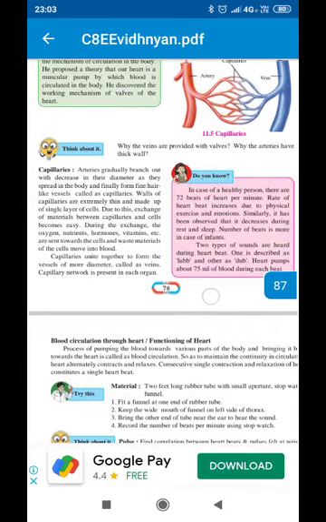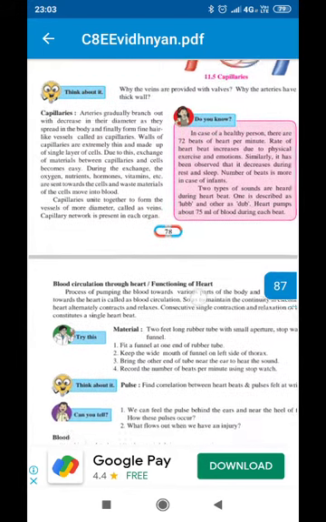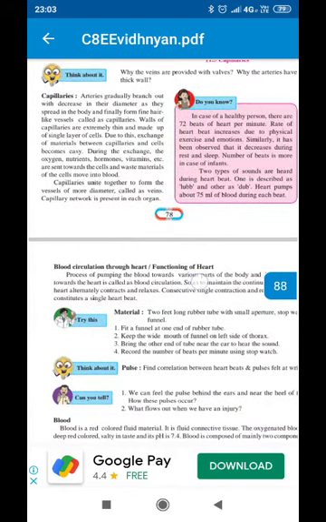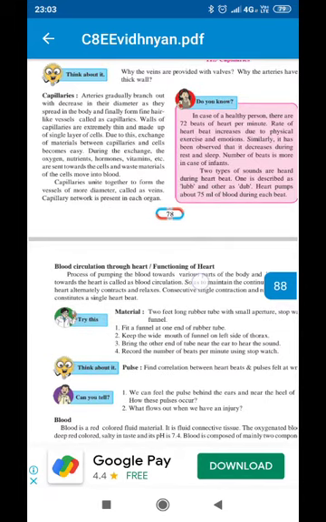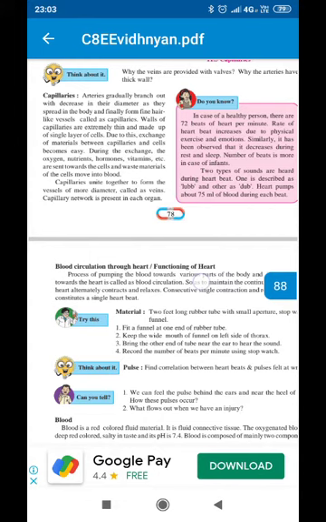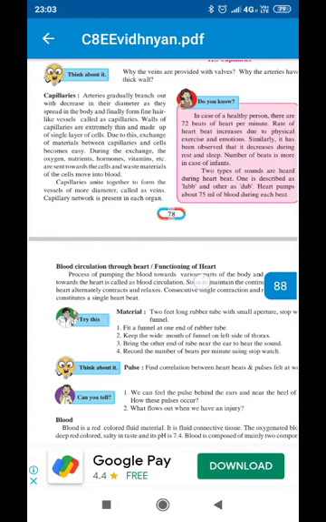Now, another part is capillaries. Arteries are over, veins are over, and the third important part is capillaries. What are capillaries? Arteries gradually branch out with a decrease in diameter as they spread in the body and finally form hair-like vessels called capillaries. The walls of the capillaries are extremely thin and made up of a single layer of cells.